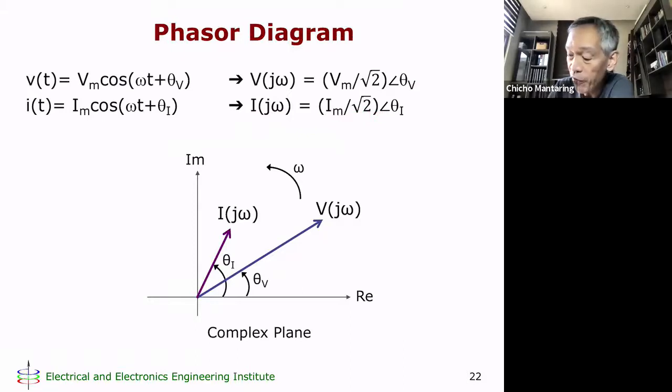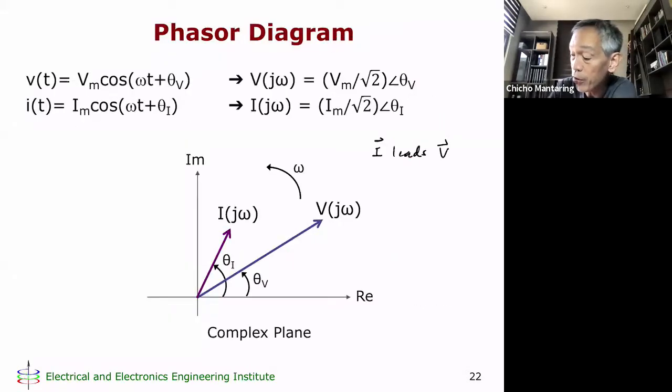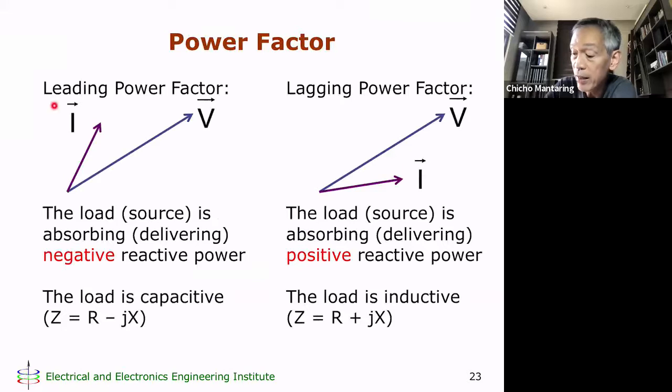This is a case where I leads V, and this is what my phasor diagram will look like. So this is a leading power factor. The I came before the V.